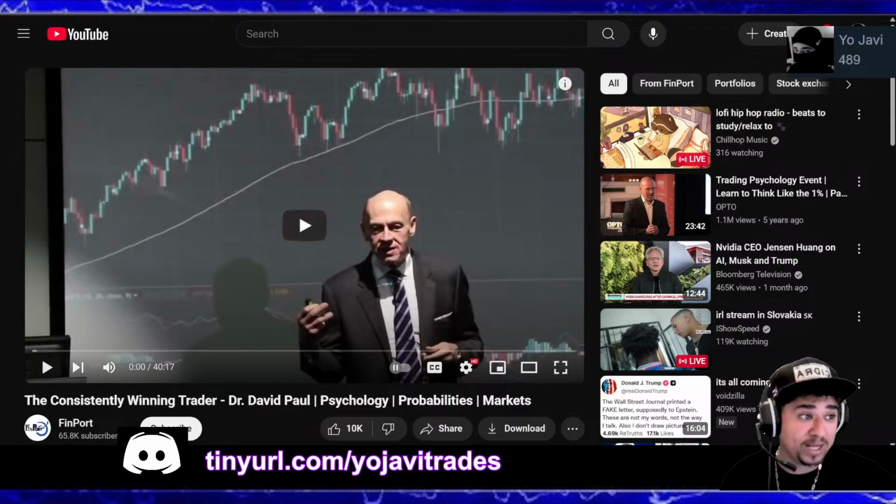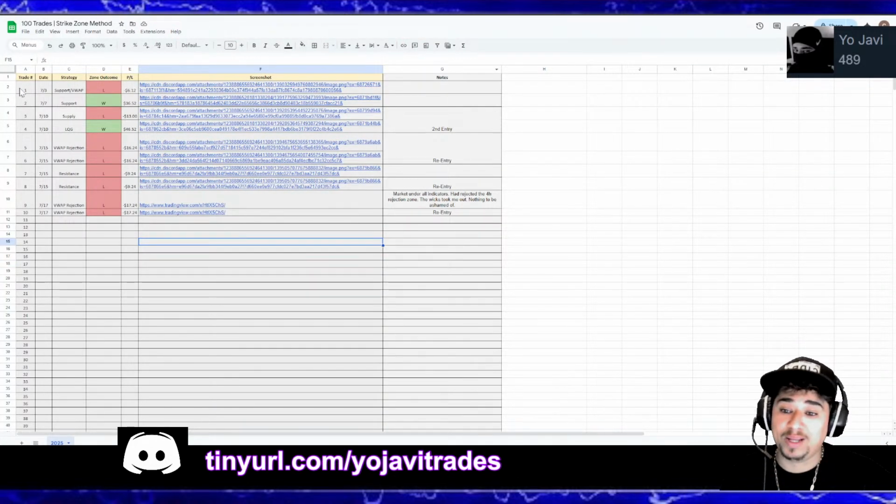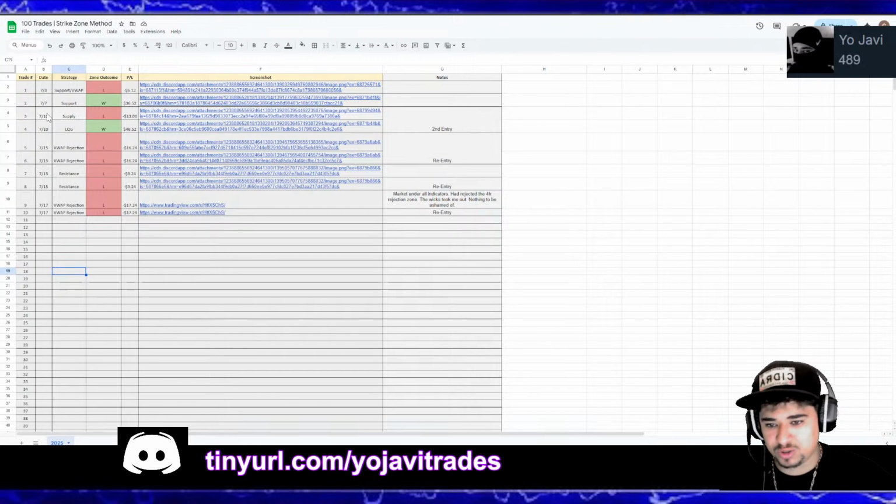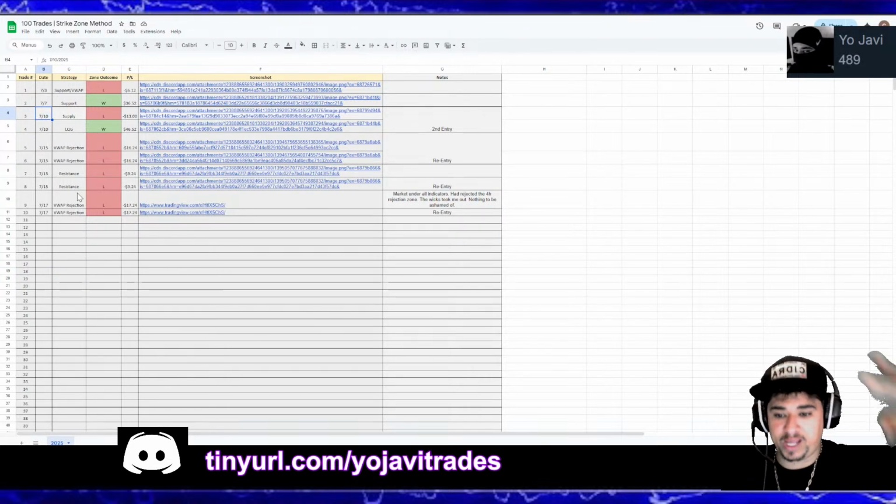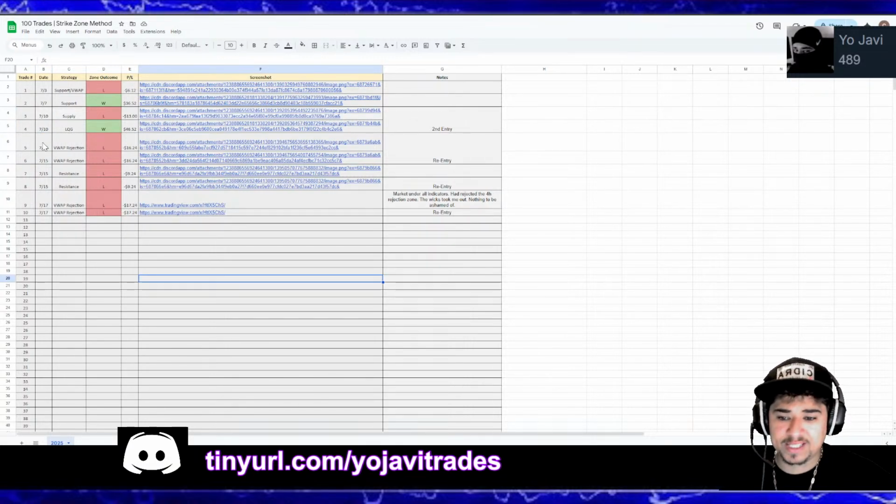It takes work. Look, 100 trades, and I only trade once a day. Now, you're gonna see some days that are double, like 2. That's because I take an entry and a re-entry, so you might see 2 of them like that. Now this is 2 setups. The VWAP rejection and resistance.